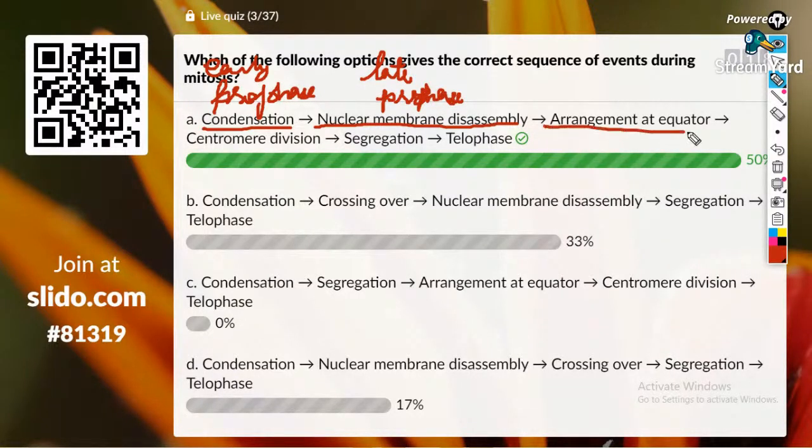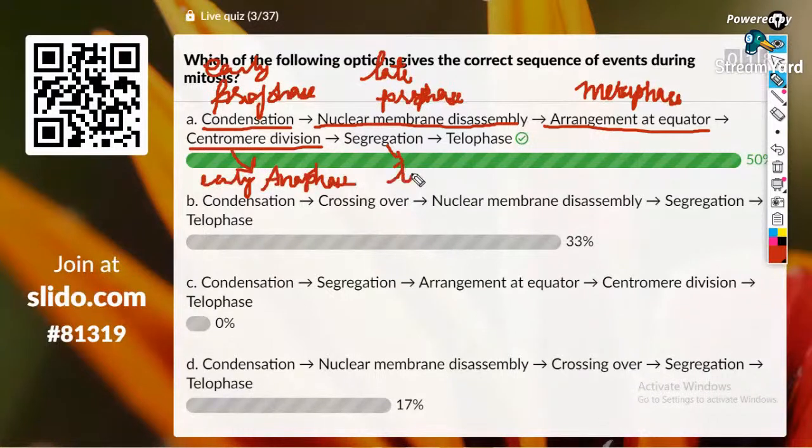The chromosomes get arranged at the equator at metaphase stage. Centromere division takes place in the early anaphase stage. Segregation takes place during the late anaphase stage, and finally followed by the condition called telophase.